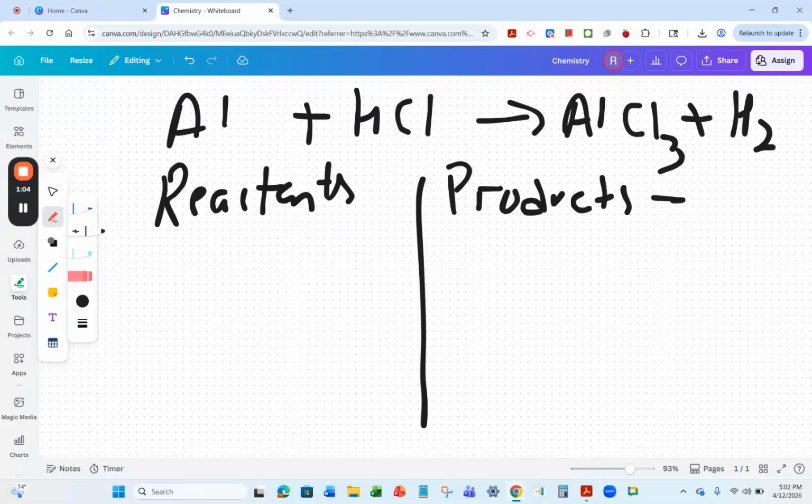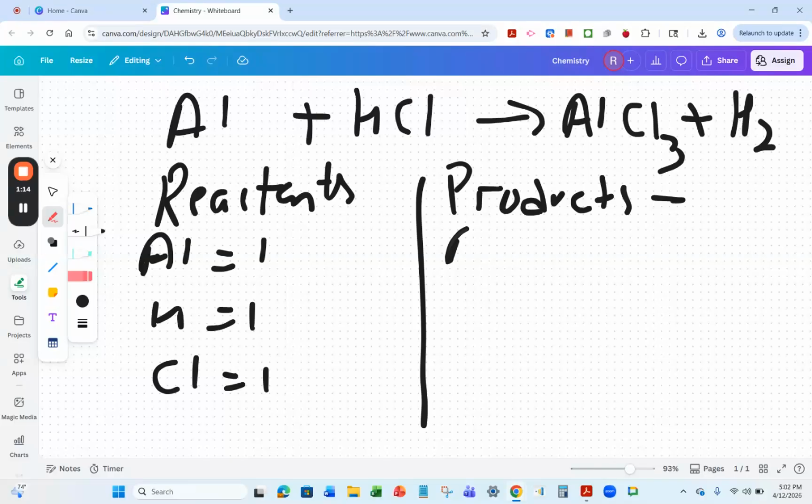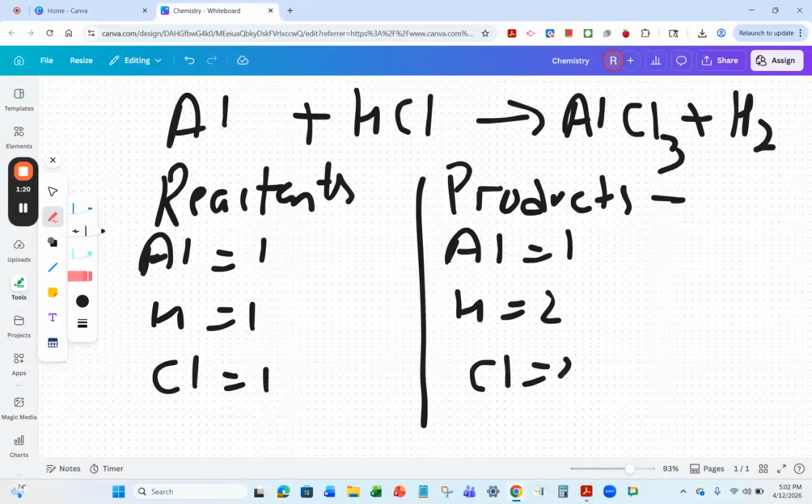Then you will count the total atoms in each column. We'll start with the reactant. Aluminum 1, hydrogen 1, chlorine 1. Product side, aluminum 1, hydrogen 2, chlorine 3. So we can see aluminum is balanced, hydrogen is not balanced, and chlorine is not balanced.